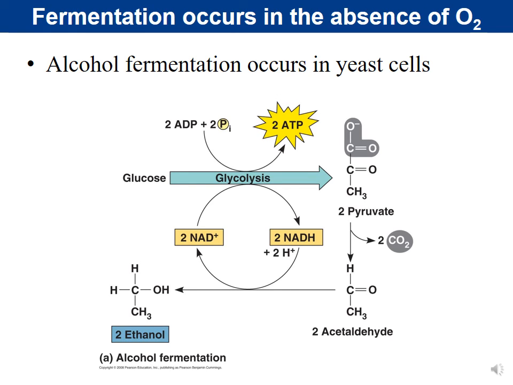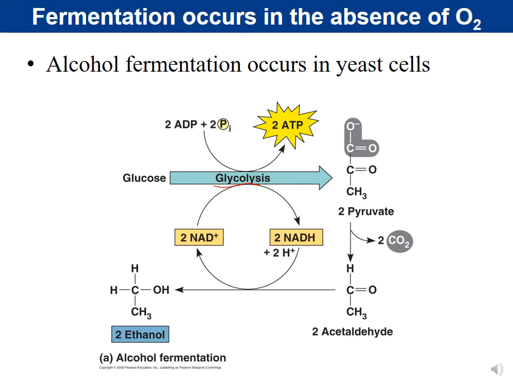So we're going to look at the types of fermentation. And the first type of fermentation that we're going to talk about is alcoholic fermentation. And alcoholic fermentation occurs in yeast cells like Saccharomyces cerevisiae. It's also used by some bacteria. And the way that this works is that we still have glycolysis. So notice here's my glycolysis.